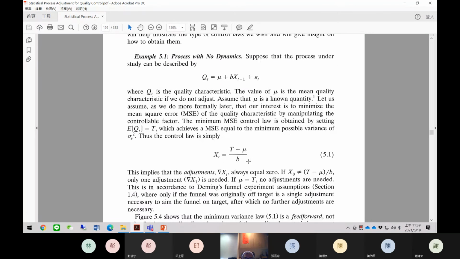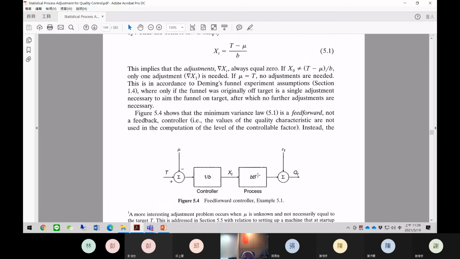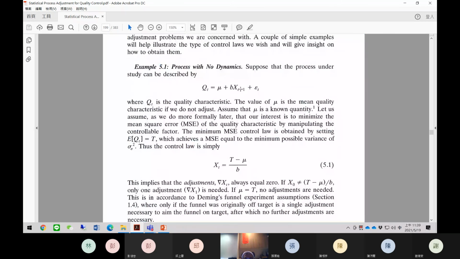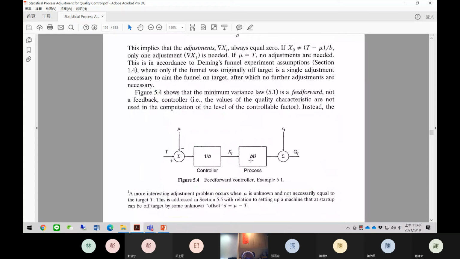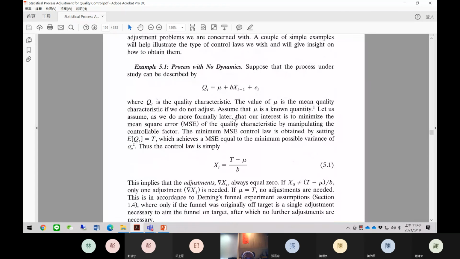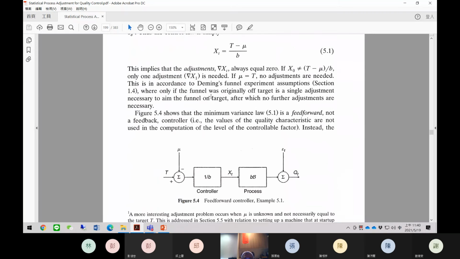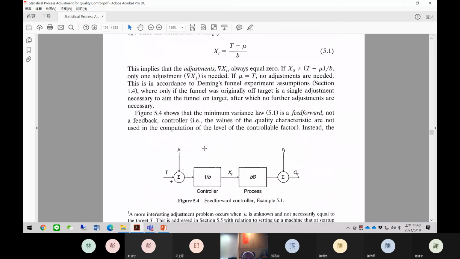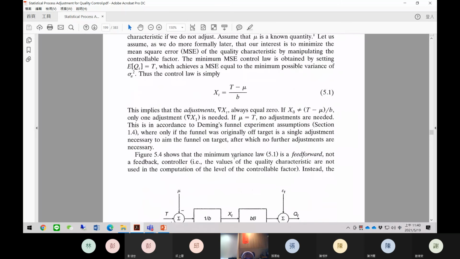Here we have Xt, right? And B is a backward operator. So we have Xt minus 1 times B again, plus epsilon t, to generate Qt. Let me say it again: T minus mu divided by B is used to produce the Xt.